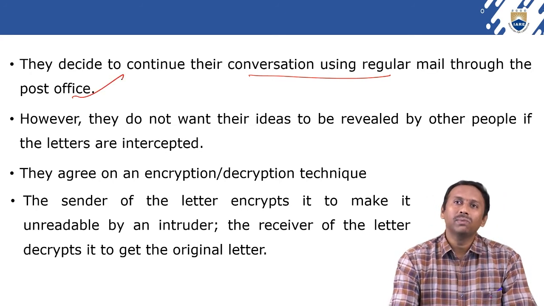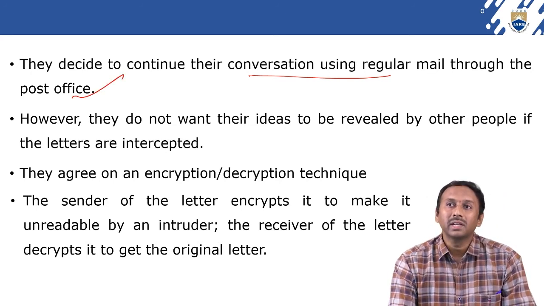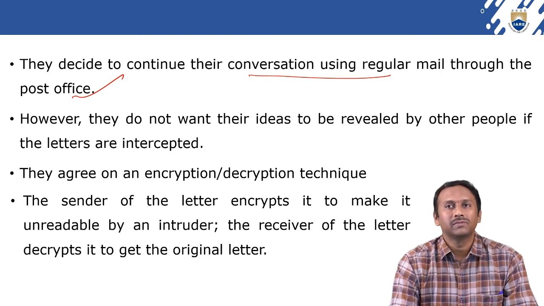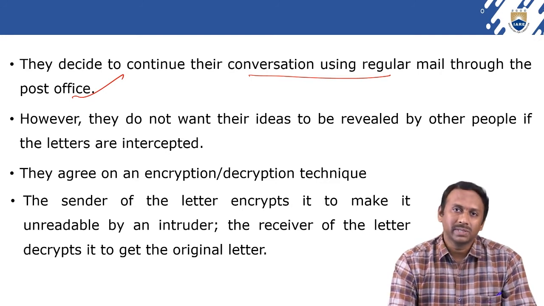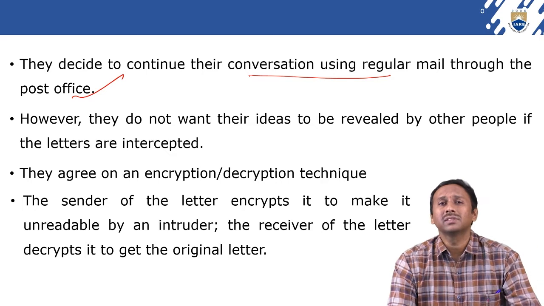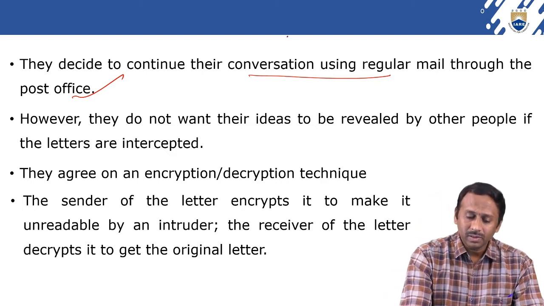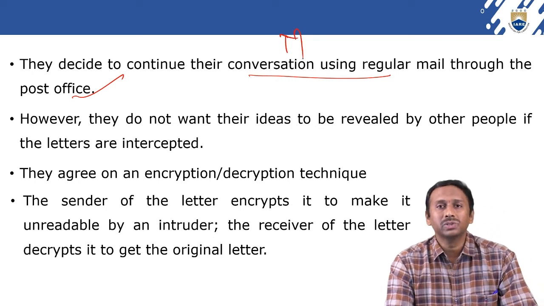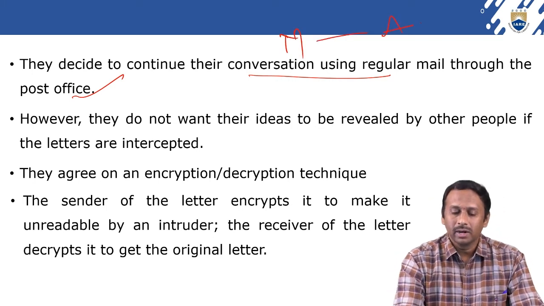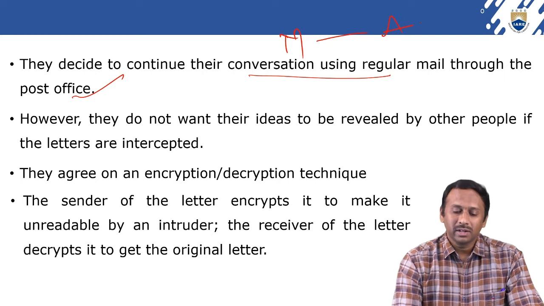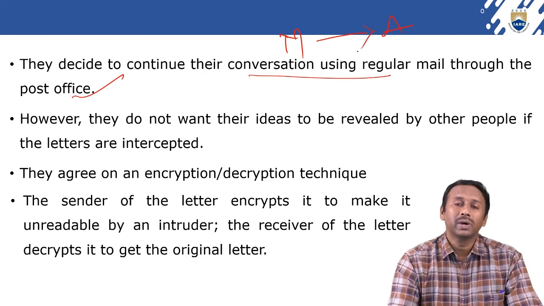However, they do not want their ideas to be revealed if the letters are intercepted. So how far can we say that this is a secure manner? For example, Maria is going to write a letter to Anne, and how can we say that the letter will safely reach Anne?